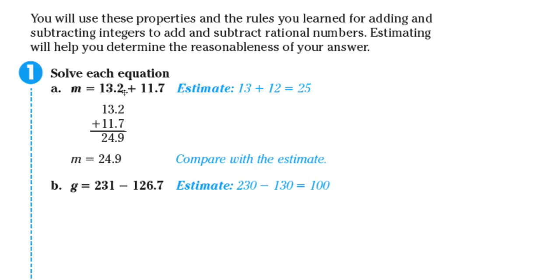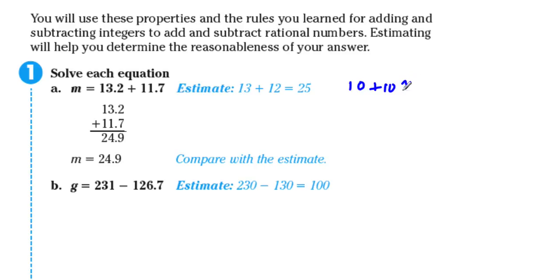Okay, going back to this one, let me make a correction. The greatest place value they both share is not the ones place, it's the tens place. So if I round to the tens place, 13.2 would be rounded to 10, and 11.7 would be rounded to 10 as well.